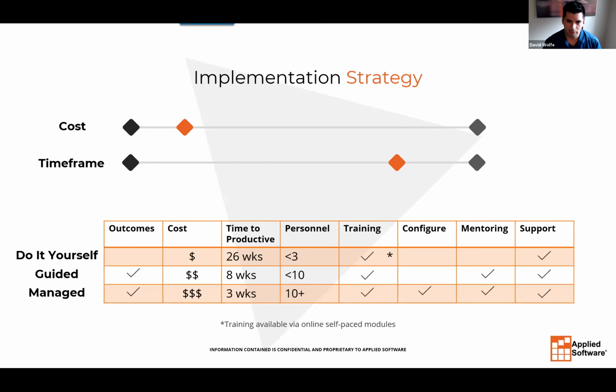And so that's kind of the range that we're measuring here. Also, as you move these sliders around between cost and time frame, you're going to be changing what that looks like. And so the higher cost is going to mean you can have a shorter time to productivity. And then the lower cost obviously is going to mean a longer time to productivity.